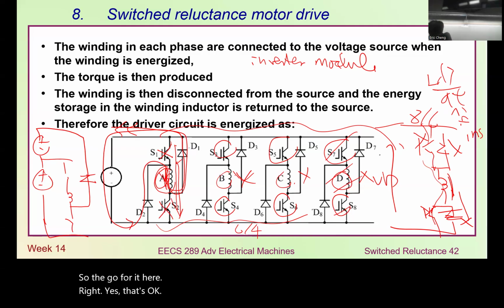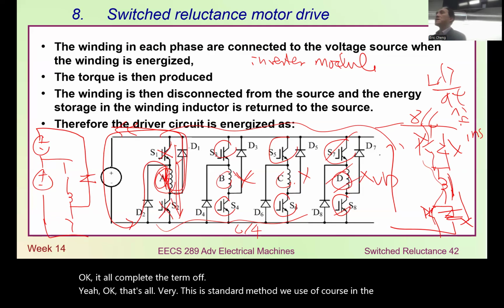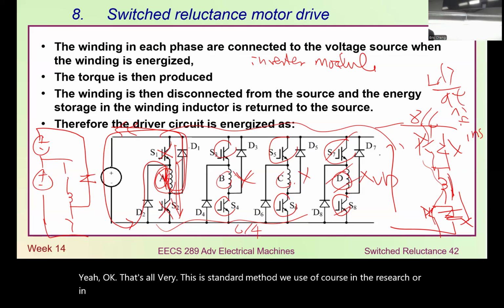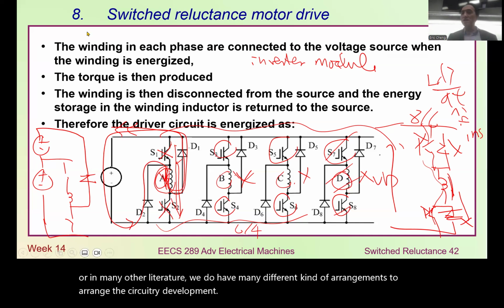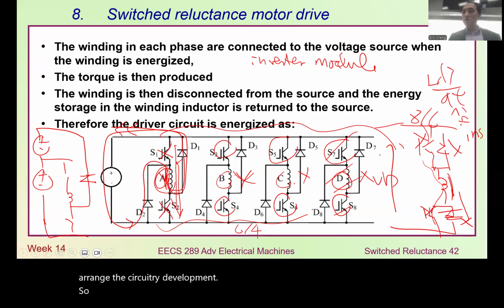When it turns off, then this current needs to go through this diode, in order to complete the turn off. Okay, that's all. This is a standard method we use. Of course, in research or in many other literature, we do have many different kinds of arrangements for the circuitry development. So that's it for today. We'll continue that.